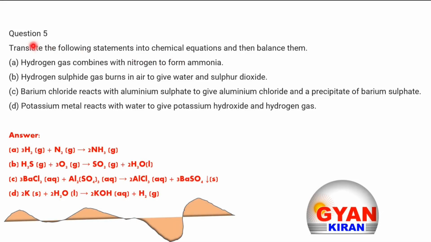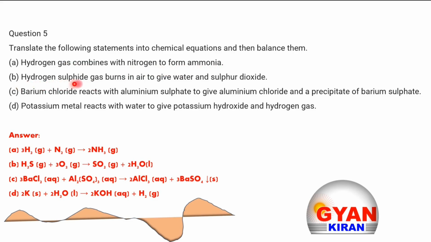Question number 5. Translate the following statements into chemical equations and then balance them. Here in this question, we are asked to translate the given statements into chemical equations, and then balance those translated equations. First one is hydrogen gas combines with nitrogen to form ammonia.